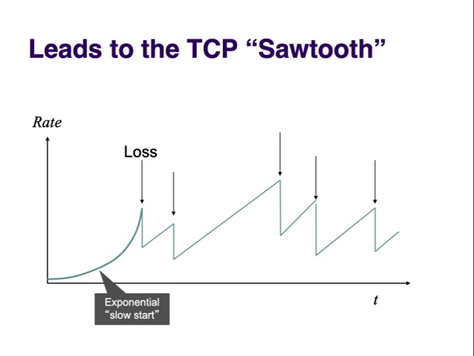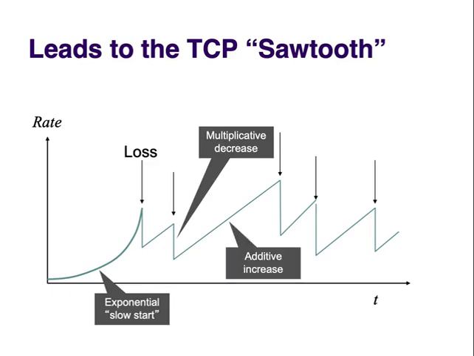So you're exponentially increasing your rate until you have a drop, at which point you multiplicatively decrease your rate. So you get this line coming down. And then finally, you increase your rate additively. Okay, so you're linearly increasing your rate until you get another loss event when you cut down again multiplicatively and then increase linearly and drop. So you get what people call a sawtooth looking graph. Any questions?